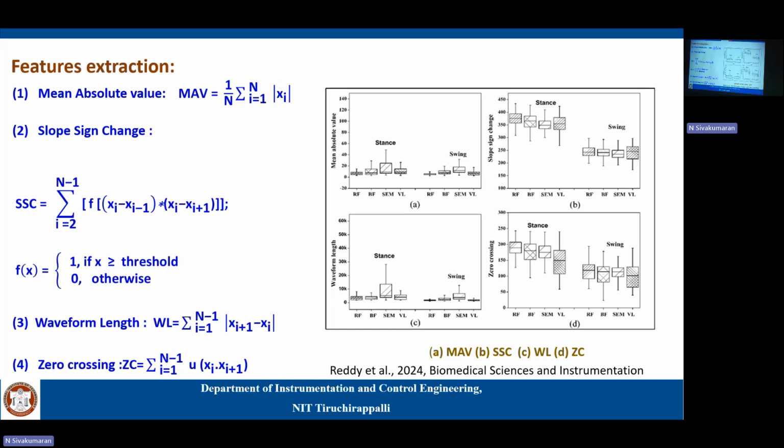You can see the distributions. This is mean absolute value. As I said, we consider four muscles: two front muscles and two back muscles, for stance and swing. You can see the change in the stance. So what do you understand, Doctor?